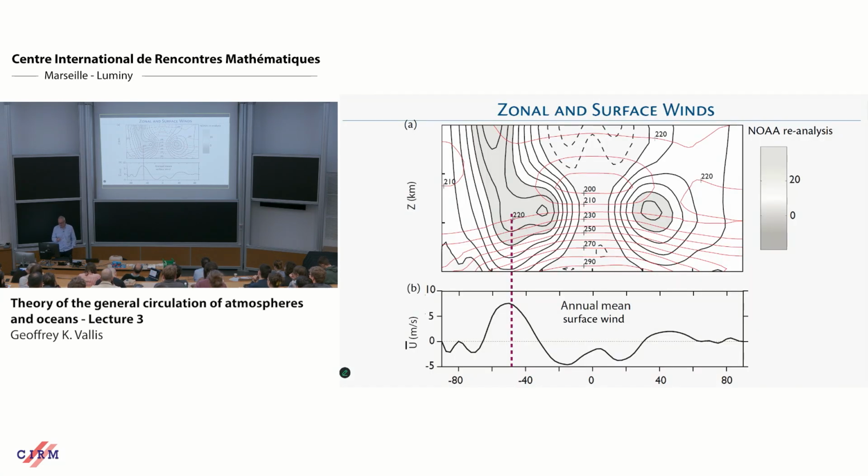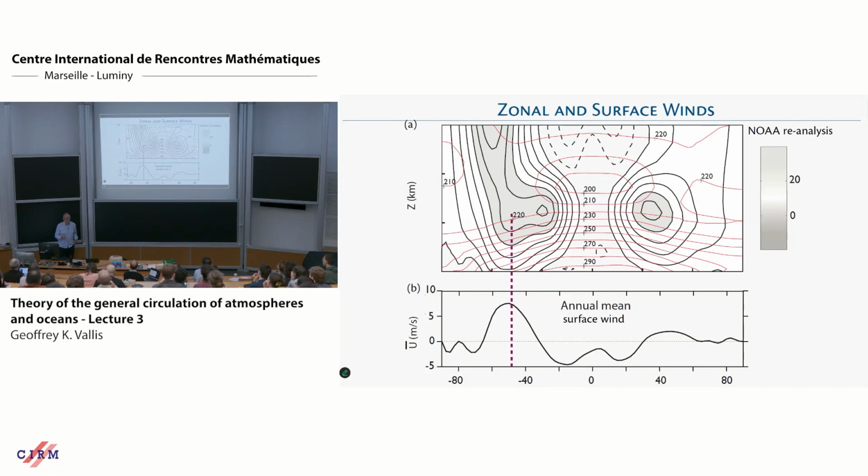And here's another picture. This is a different set of data, but this jet here at higher latitudes, at about 50 degrees north, is actually also associated with a maximum in the surface wind.